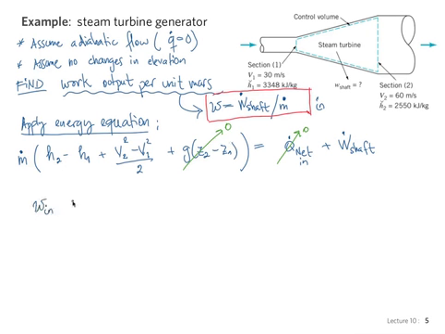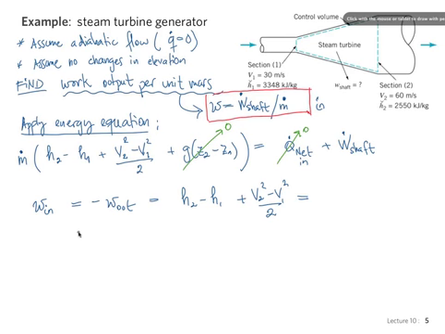And what I'm trying to say in terms of the work is that W in, work in, is minus work out of the control volume, and that is going to be h2 minus h1 plus V2 squared minus V1 squared over 2. And we know all of these things. These are given. So what I want is W out, which is going to be h1 minus h2, so I'm changing signs with everything, okay? Plus V1 squared minus V2 squared over 2.